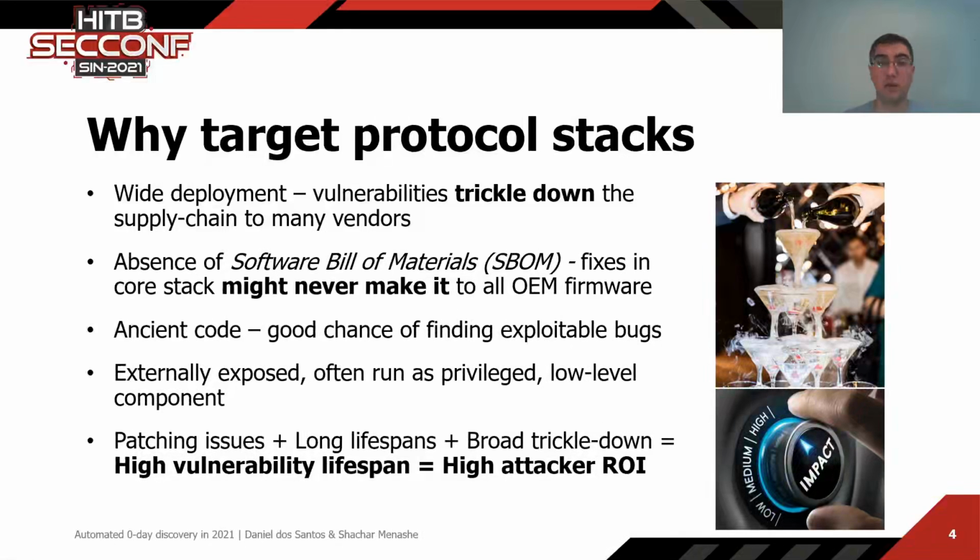Currently, there's an absence of a software bill of materials, which is typically called an SBOM. So vendors and users are not really aware of all the software components that are on their devices, and fixes in the core stack either take a long time or might never make it to all the OEM firmware down the supply chain.